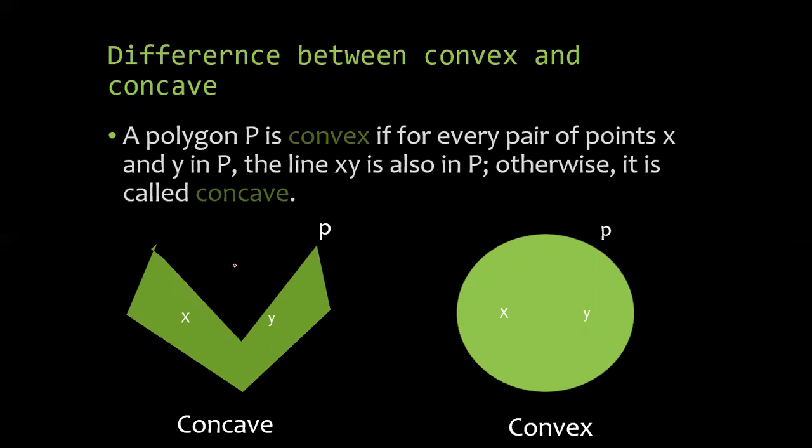If for polygon P, every pair of points x and y in P has the line connecting x and y also in P, then it is called convex. Now, if we have points in the plane but the line connecting them goes out of the plane, then we won't call it convex. It is said to be concave.